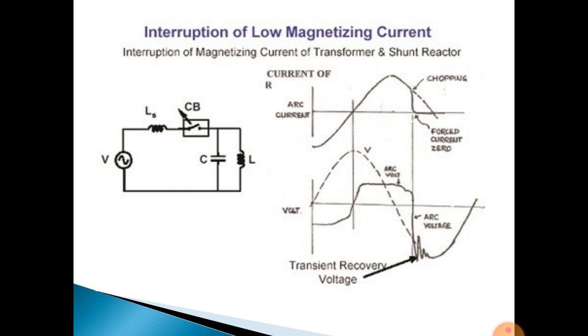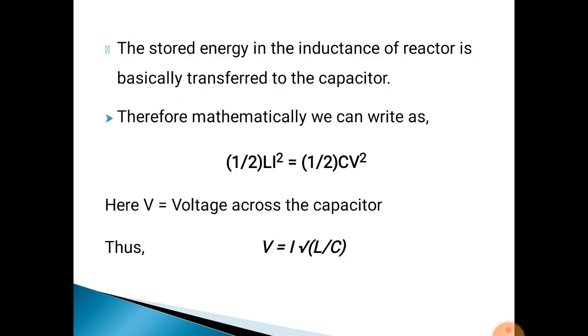For low magnetizing current, air blast and vacuum circuit breakers are used, and the energy stored in the inductance for the value of current is diverted to the capacitance at the moment of current interruption. So the equation is 1/2 L i squared equals 1/2 C v squared, where V is the voltage across the capacitor. V is equal to I into square root of L by C.